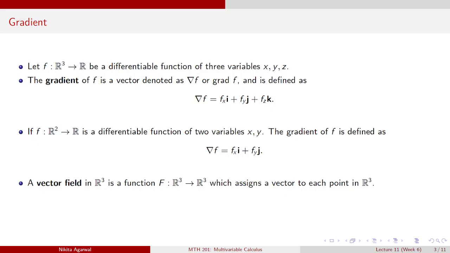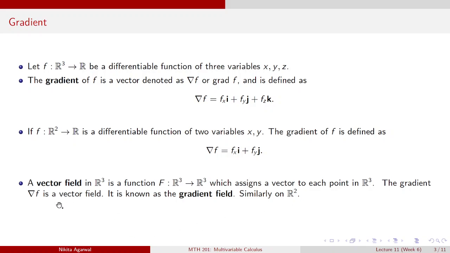If you look at the gradient function, grad f, it takes a point in R3 to a vector, which is given by this vector. Therefore, it gives you a vector field, and this vector field is known as the gradient field. Similarly, on R2 you can define the same thing.